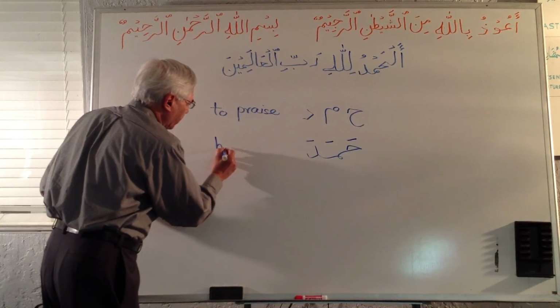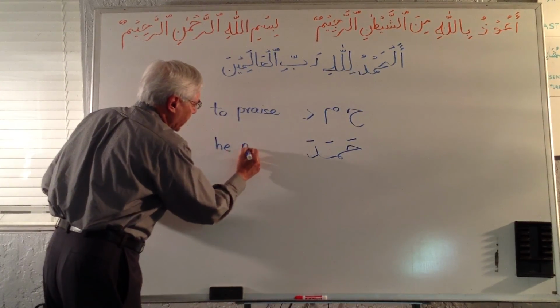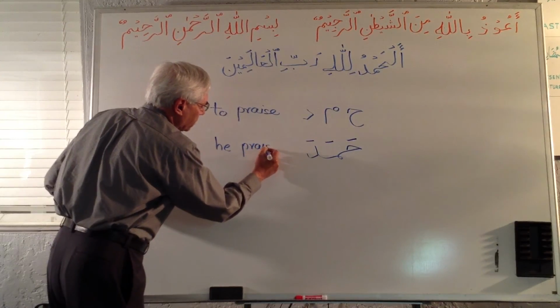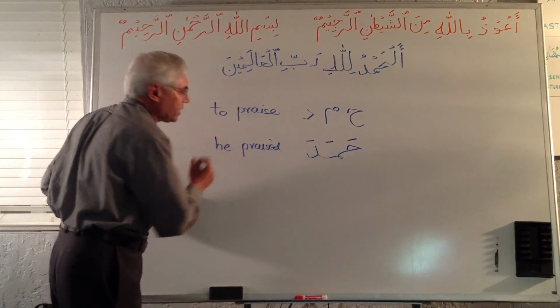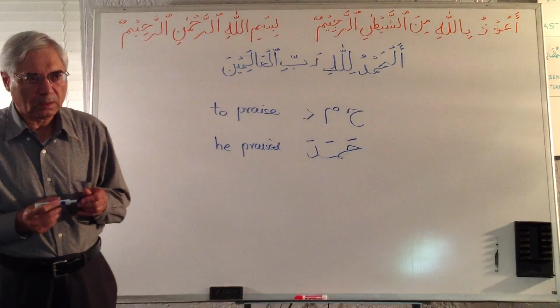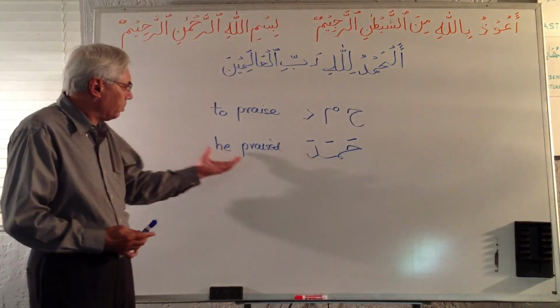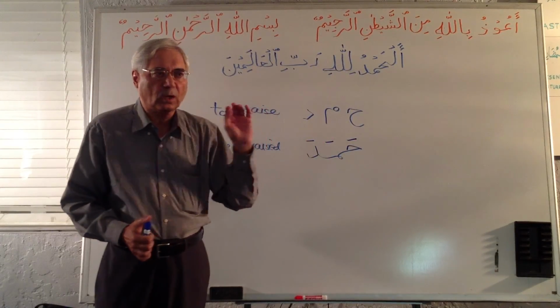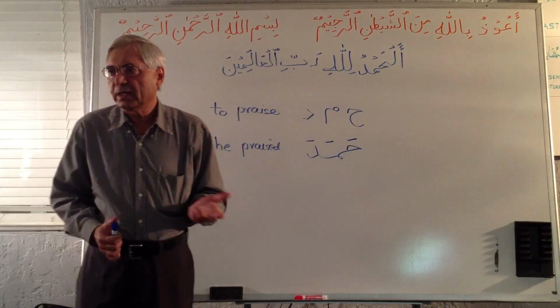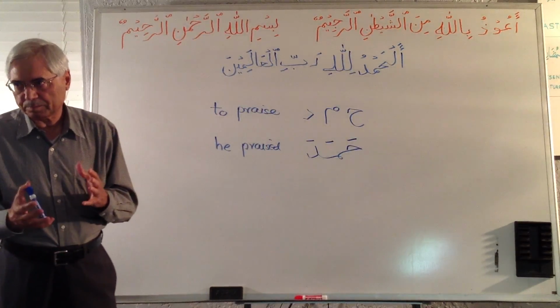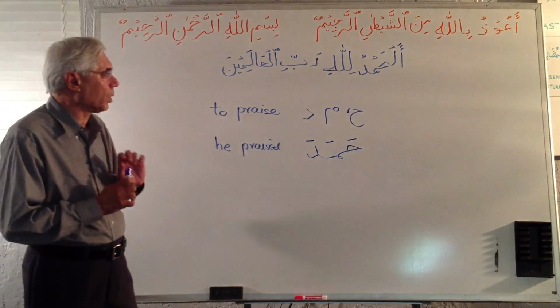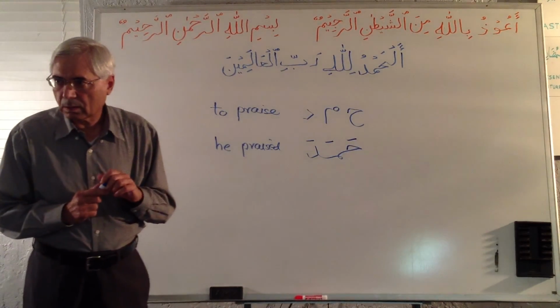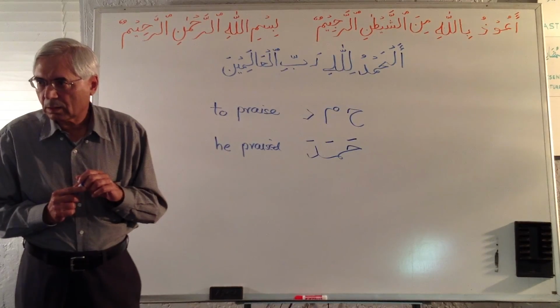He, past tense, praised. Very simple. Okay? You don't have to make it very complex. All you have to do is put 1 fatha or 1 zabar on each of them. Hamada. It's very simple.